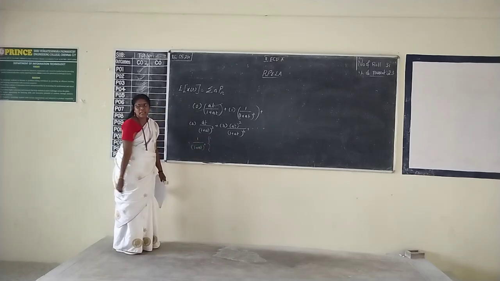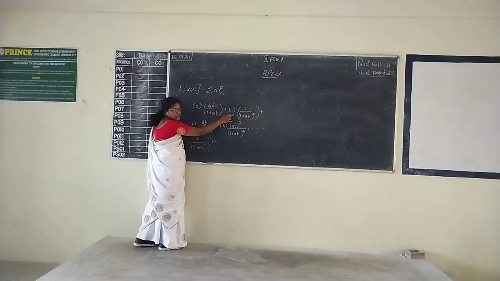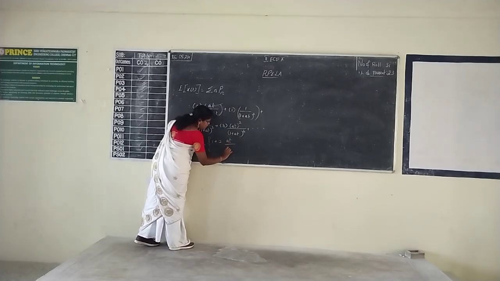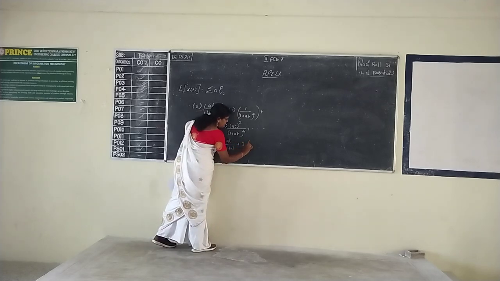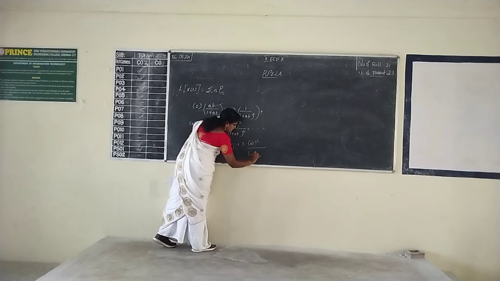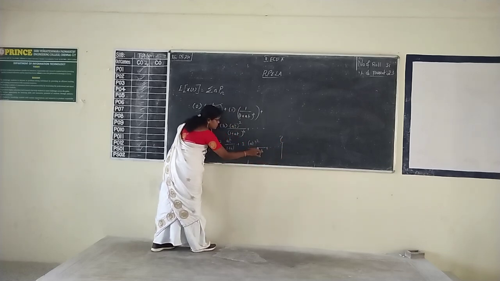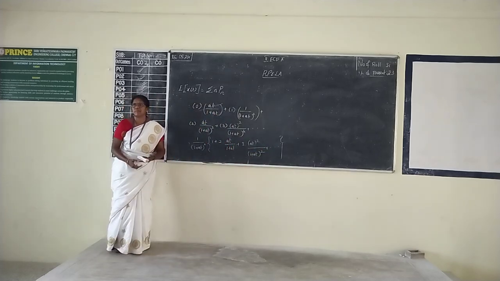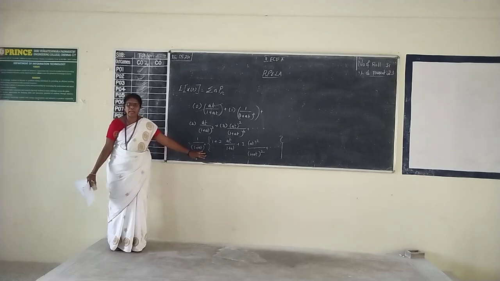So what is the remaining term? 1 plus 2 into at by 1 plus at, plus 3 into at the whole square by 1 plus at the whole square, and it goes on like this.